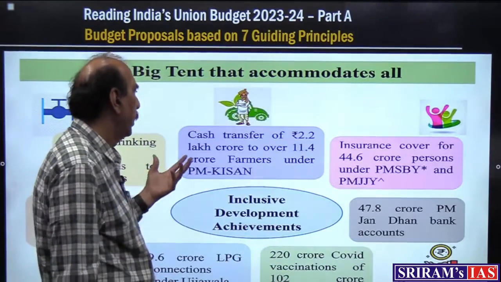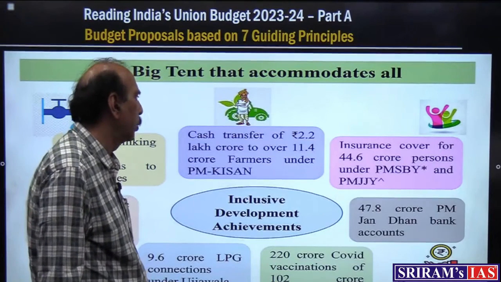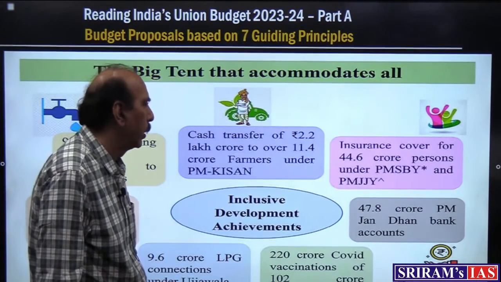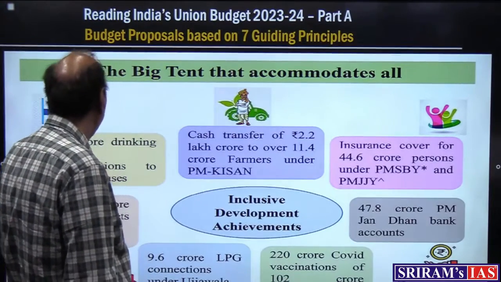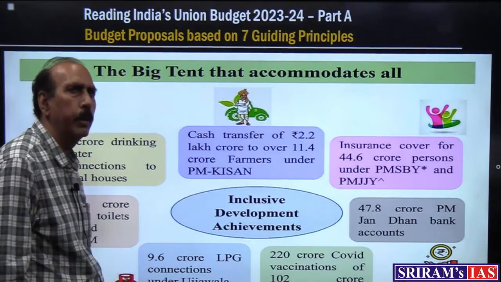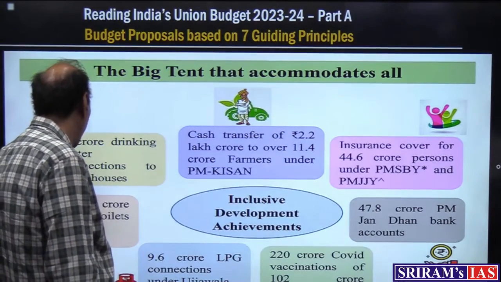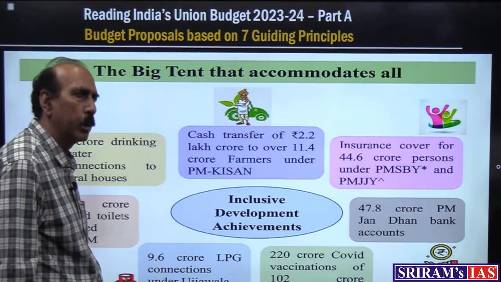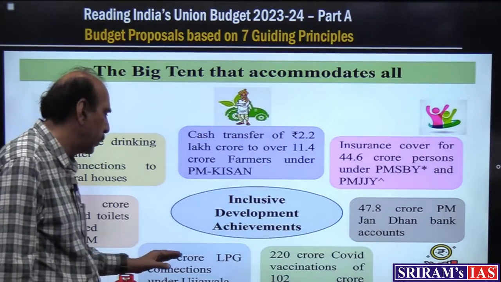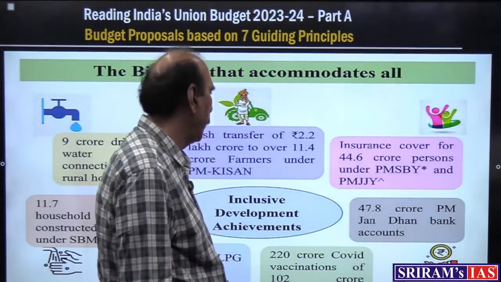Under PM Kisan, we have already transferred 2.2 lakh crores to our 11 crore farmers. 9 crore water connections have already been given in rural houses. 11.7 crore household toilets have been constructed under Swachh Bharat Abhiyan. Then 9.6 crore LPG connections have been given under Ujjwala.